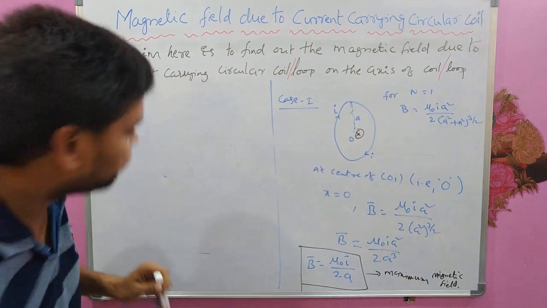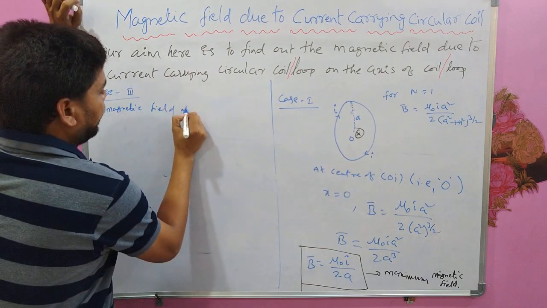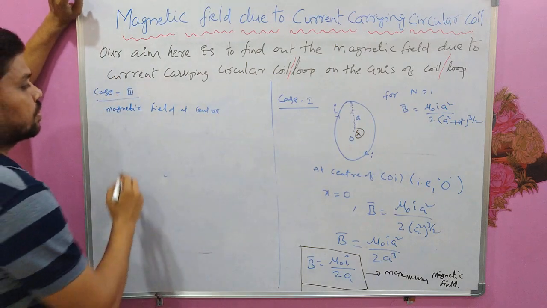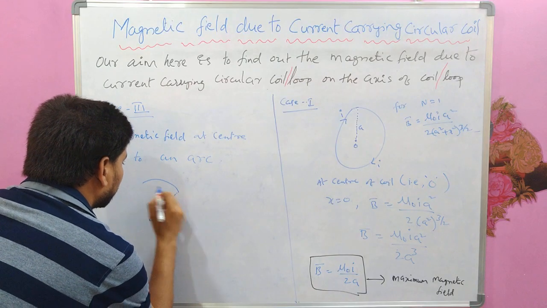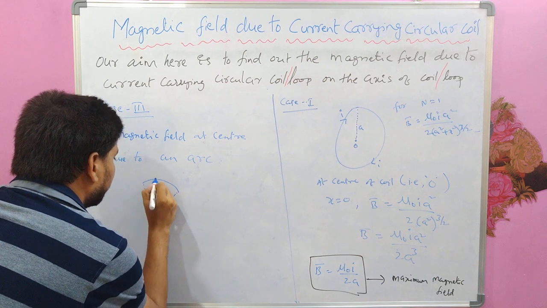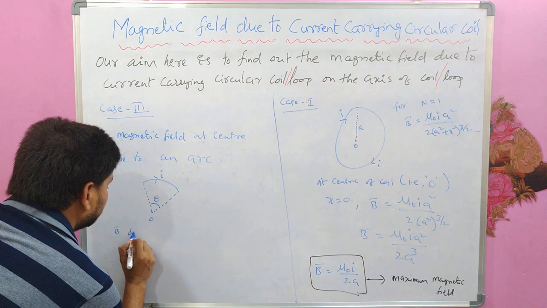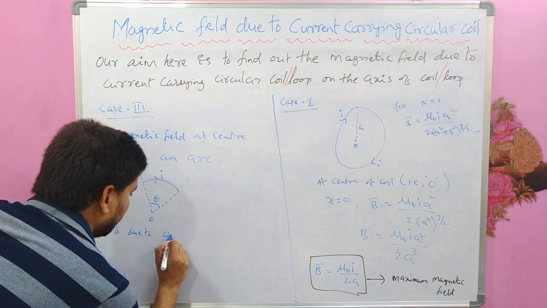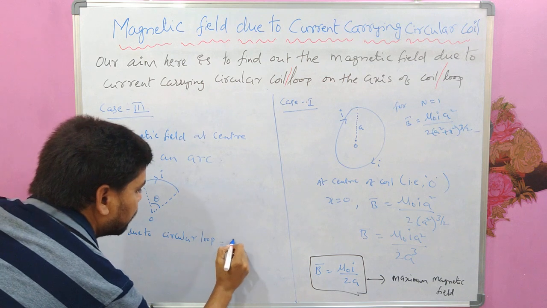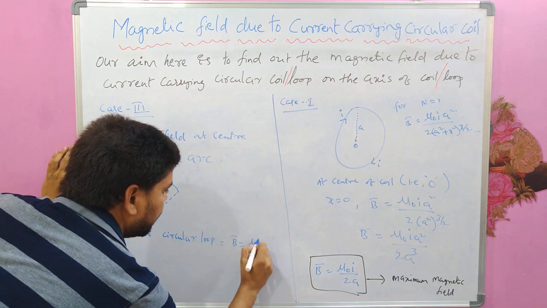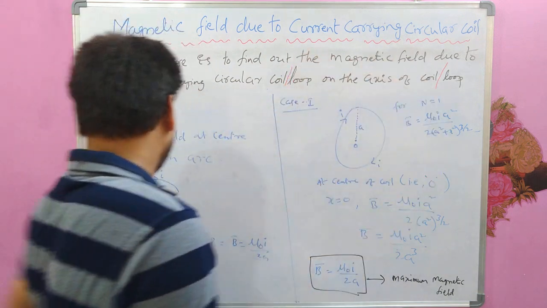So case 3, where the magnetic field at the center due to an arc, and this is the center, and this is some theta, and I current is flowing through this, and B due to a circular loop is equal to B equal to mu naught I by 2A, and this is for 2 pi, because the total angle in a circle is 2 pi.